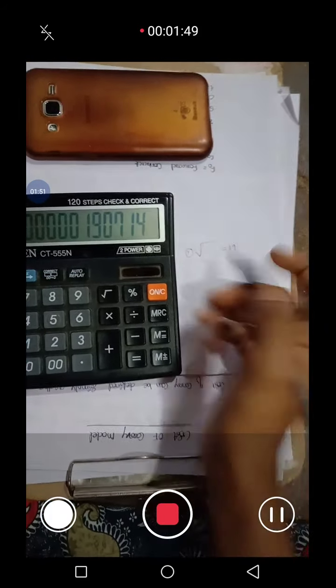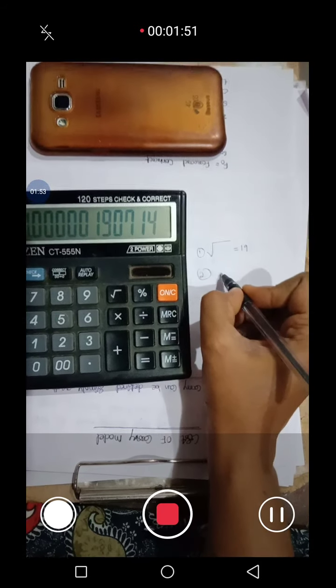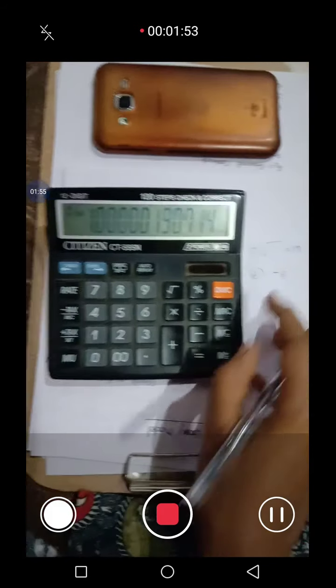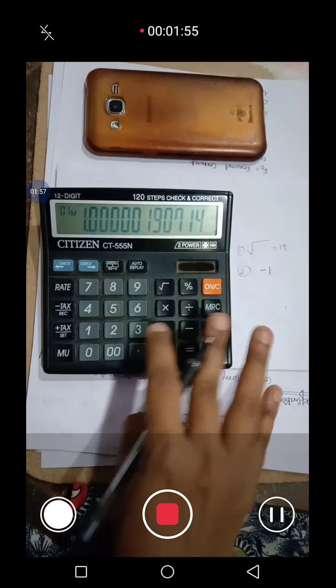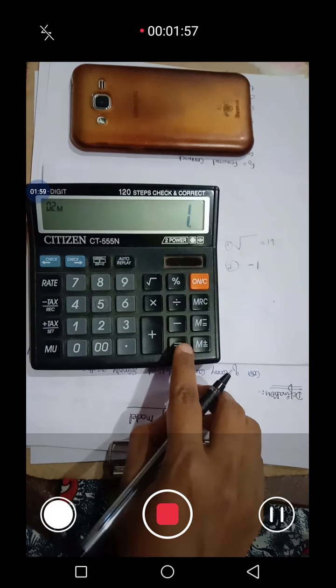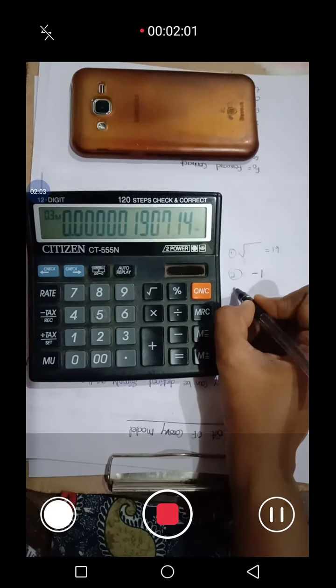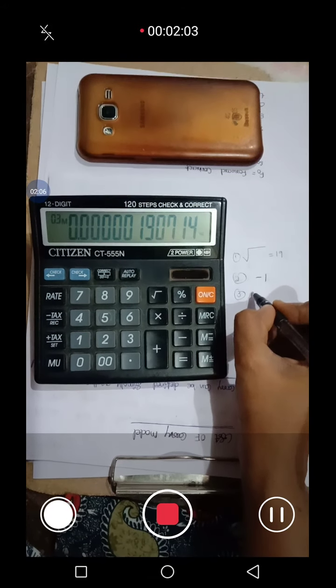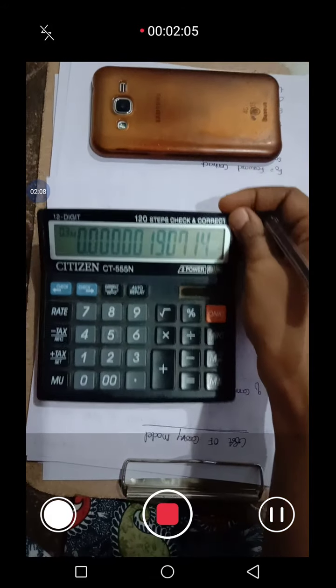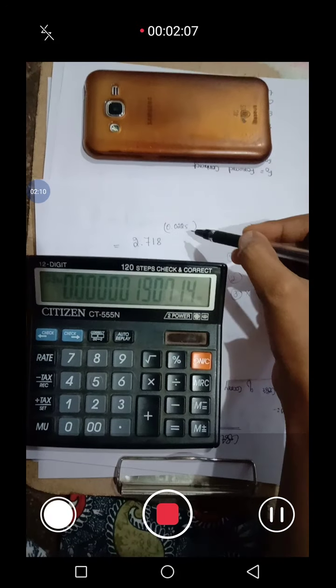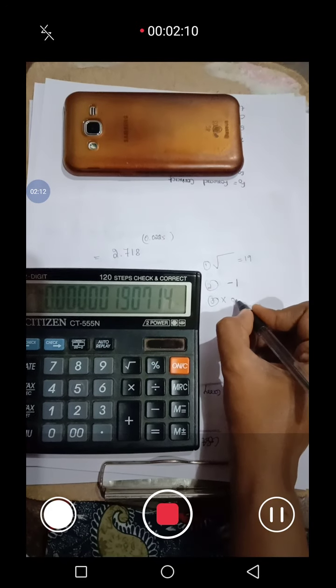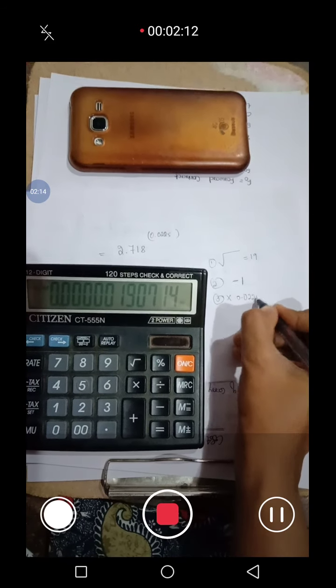Second, we have to minus 1 from it. Third, we have to multiply by whatever the power we have. So here the power is 0.0225.